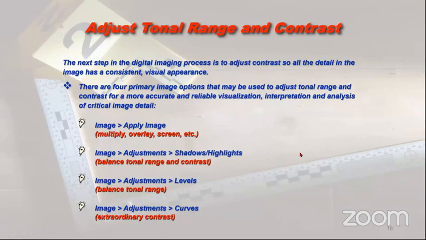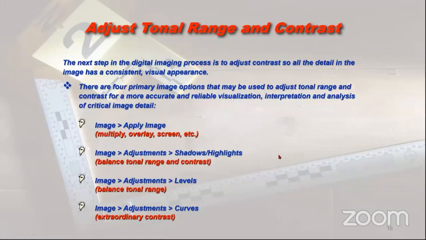Also, one of the things about shadows and highlights, you have the ability to control specifically what shades of gray, whether they're shadows or whether they're highlights, that are being adjusted. And you can limit that adjustment within a very specific range of grayscale values.